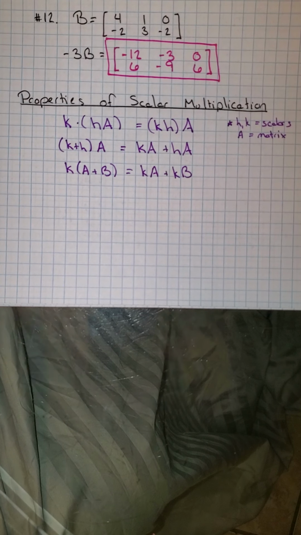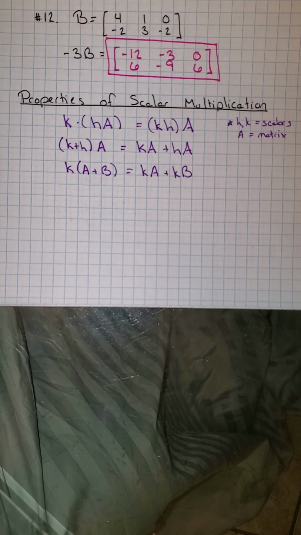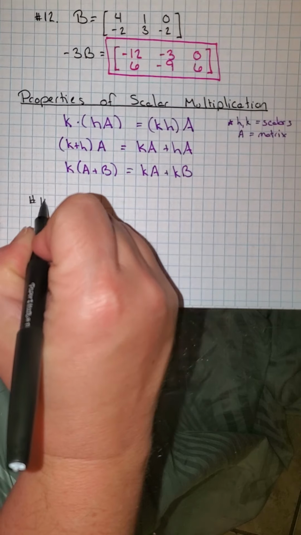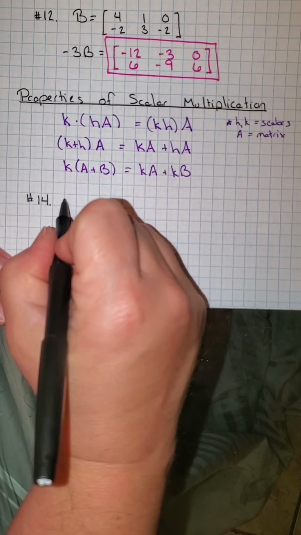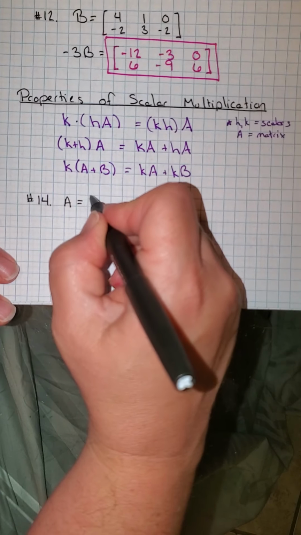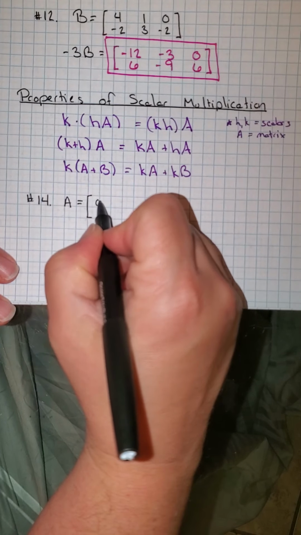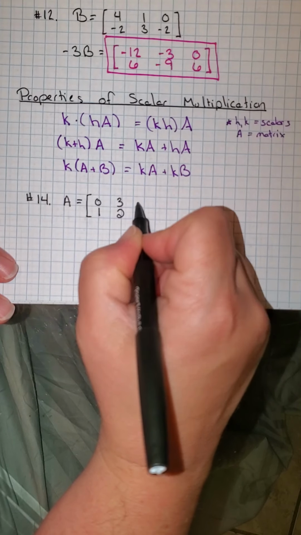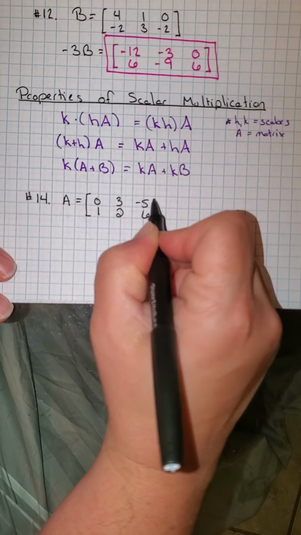Okay, so back to that same example, but number 14. Still using A is 0, 1, 3, 2, -5, 6.